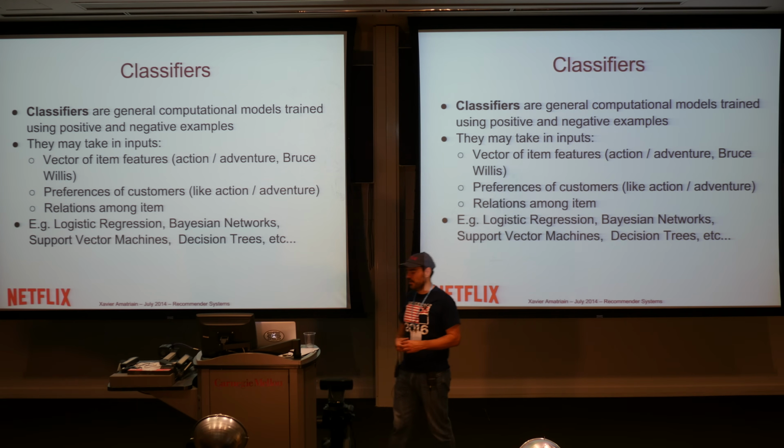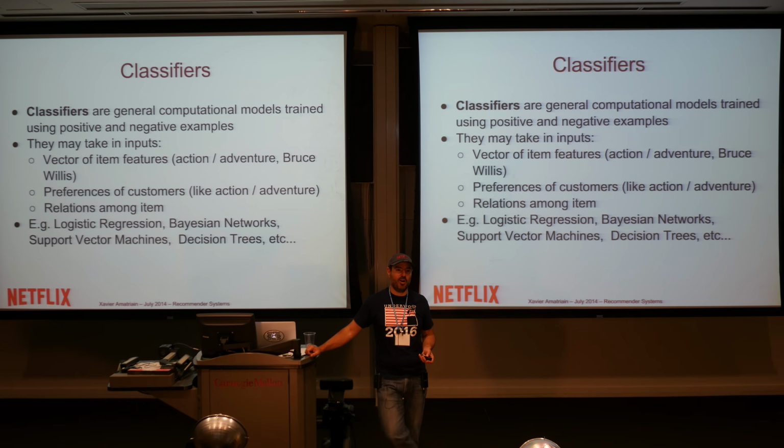I'm saying it's not so obvious because it seems like, can I really classify something into just black or white and use that for a recommendation? Well, it turns out that you can, and it's done all the time, and it works, and you can think about it in different ways.